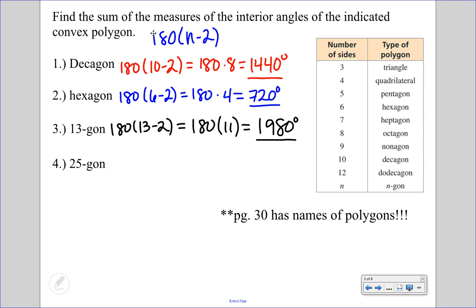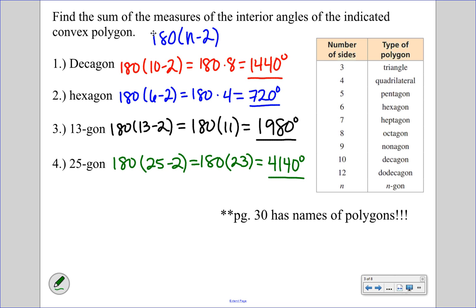Our very last one is a 25-gon, so it has 25 sides, so that's 180 times 25 minus 2, which is 180 times 23. So that's going to be 4,140 degrees. So that's how you find the sum of the measures of the interior angles of any convex polygon.